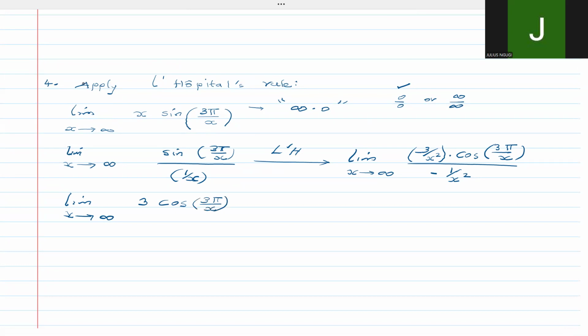And then you inspect by substituting infinity in place of x, and you get that 3 pi divided by a very big number approaches 0, and cosine of 0 is just 1. So this becomes 3 times 1, which is 3.